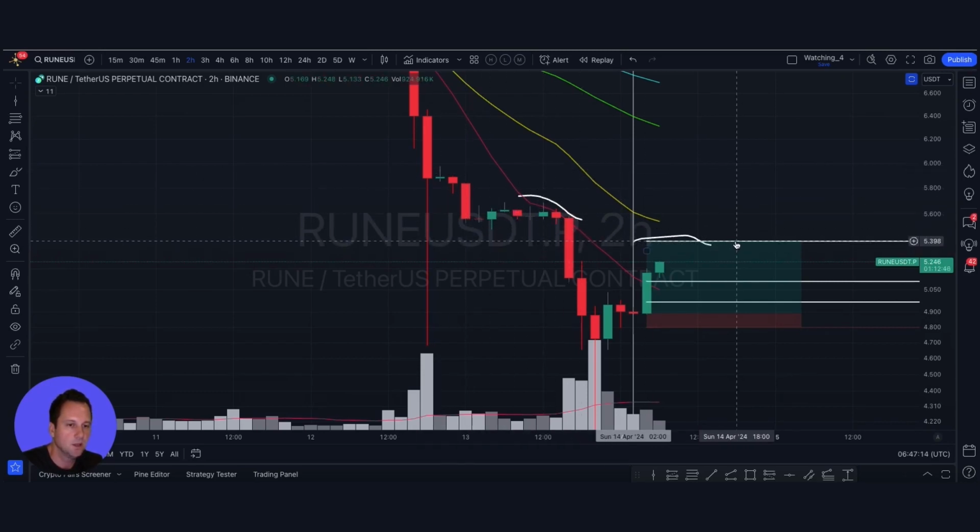So with TP3 well below this area of resistance, we would be happy to sit in this trade and see how it plays out, looking for TP3.